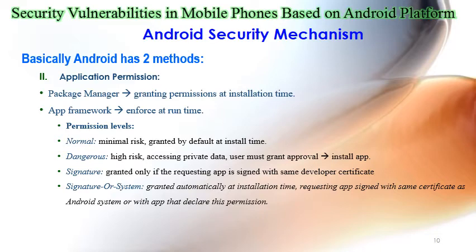Here we're going to talk about the permission levels that Android security provides, like normal, minimum risk, granted by default at installation time; and dangerous, high risk, accessing private data and sensitive information. This permission is given by the user, must be granted and approved also at installation time of the application.